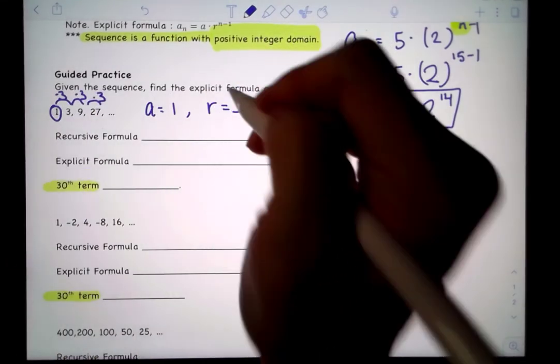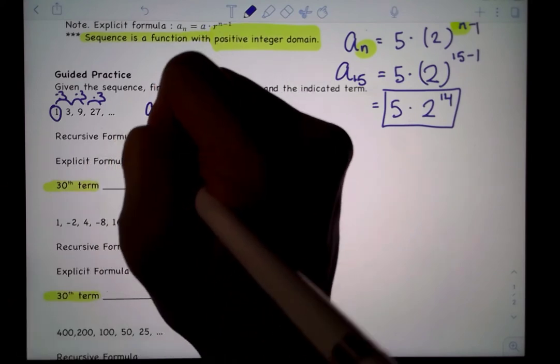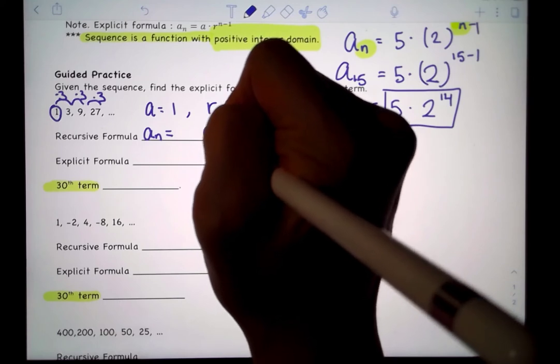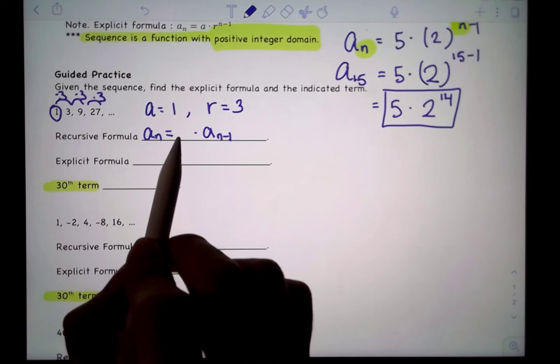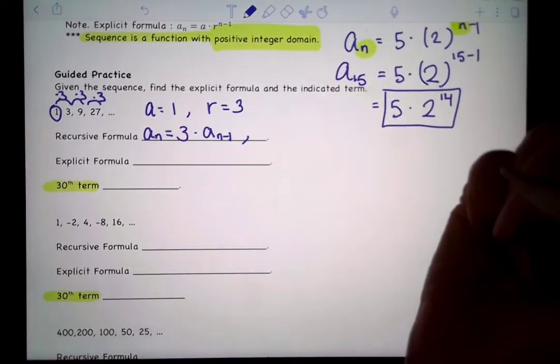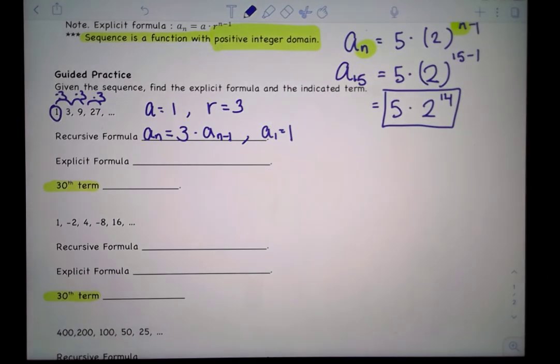So R is 3. And for the recursive form, we do this. a n equals a n minus 1 times your common ratio, which is 3. And we just indicate the first term like this.